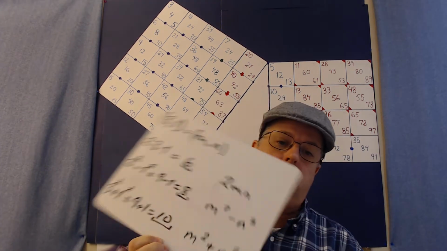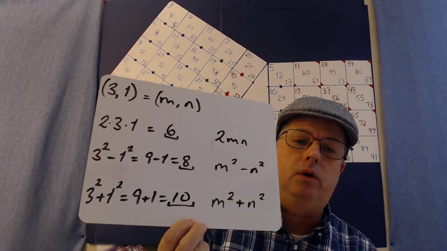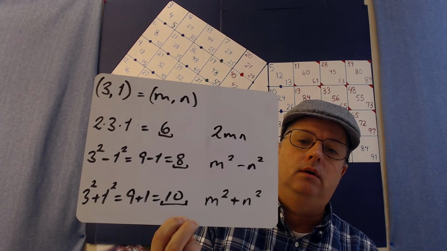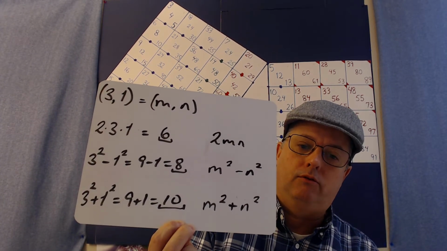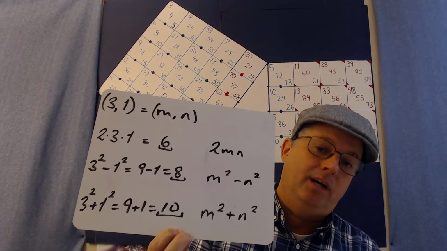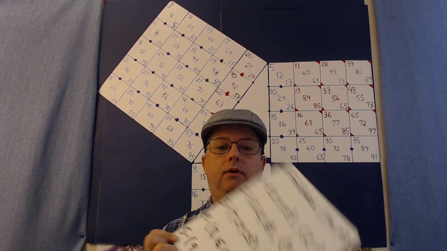And so this formula that generates Pythagorean triples will sometimes generate multiples of primitives, but not always. You're not going to be able to find all the multiples that way. But we will be able to generate all the primitives, and then the multiples just follow.